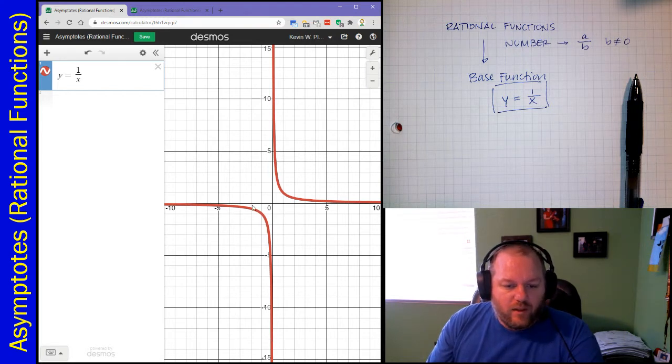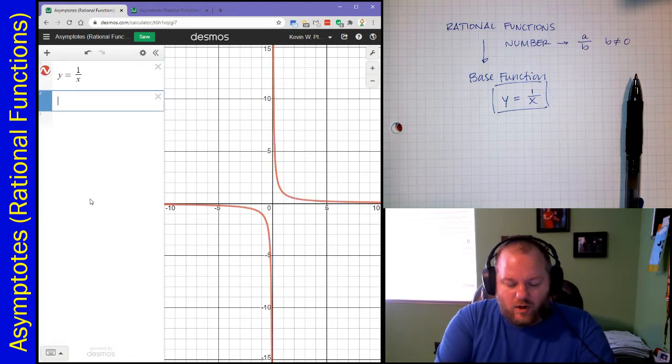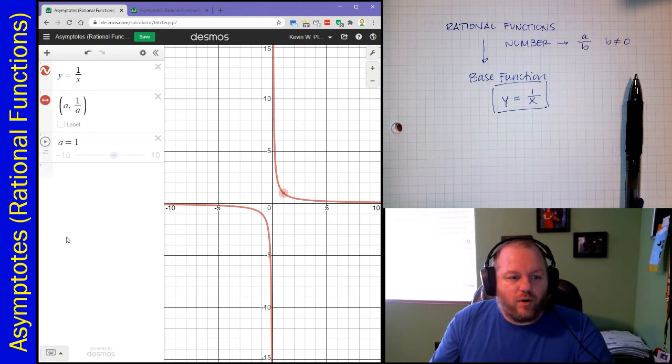And if we want to analyze this, we can look at the numbers. Remember, the x values go from left to right. Now, if we take an x value and we plug in a number, we're going to get a smaller and smaller fraction. So I want to put in here a and 1 over a, where a is a number that we can manipulate.